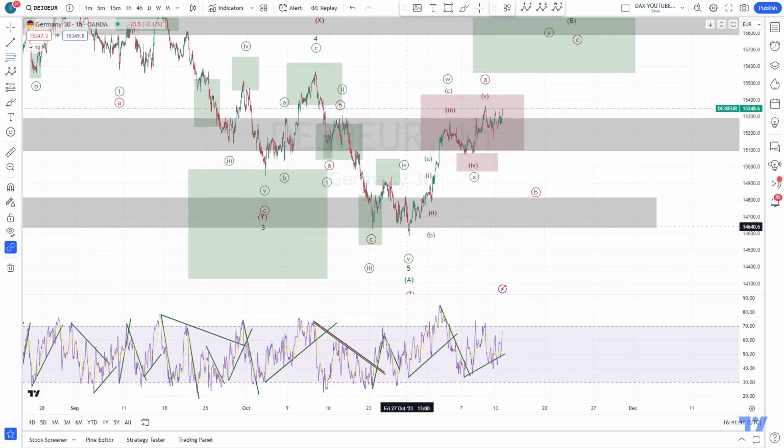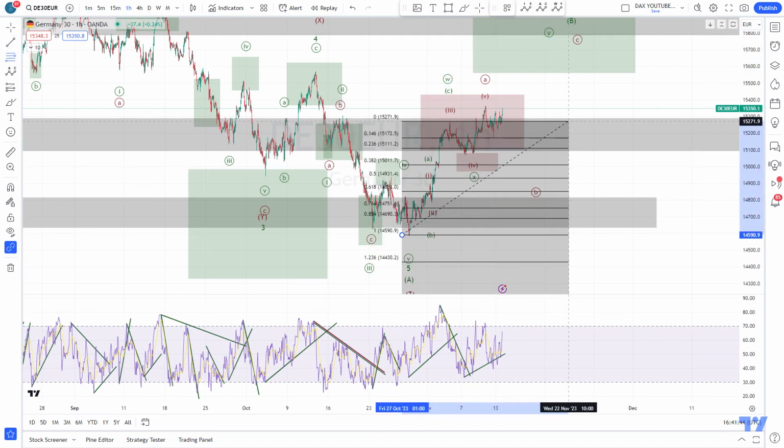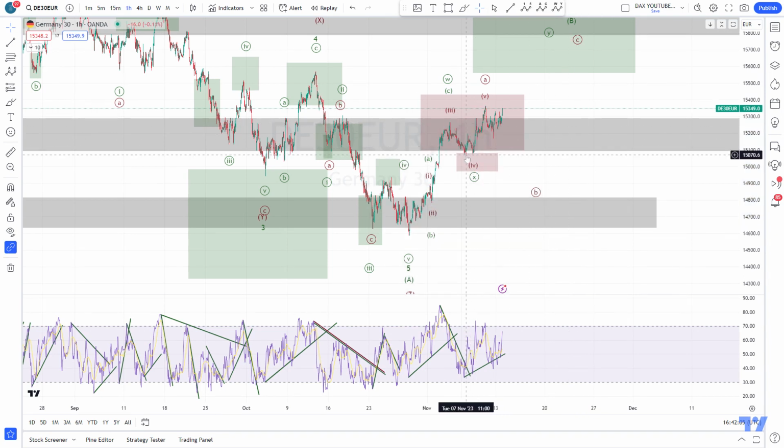Normally a wave X is supposed to go into the area between the 0.5 and the 0.854 FIB retracement. However, sometimes this does not happen. These are guidelines. It could be that we only had a shallow wave X down right here, and that we actually start a new 3 waves up from this low.